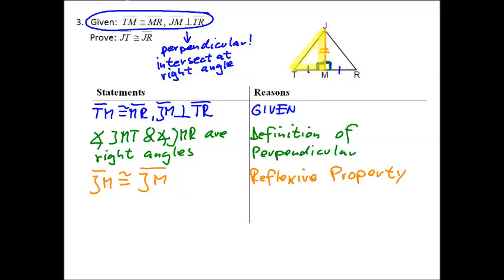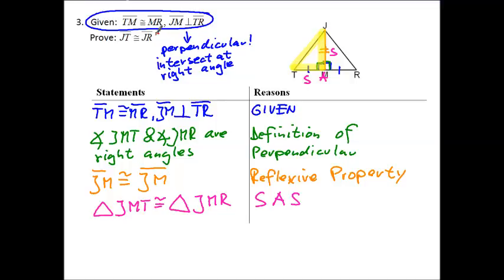Looking at one triangle at a time, we have this side, this angle, and this side that have a partner that's congruent to them. So we can say that triangle JMT is congruent to triangle JMR, and that's because of the side angle side congruence postulate.